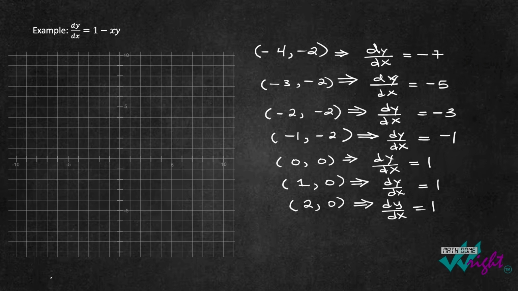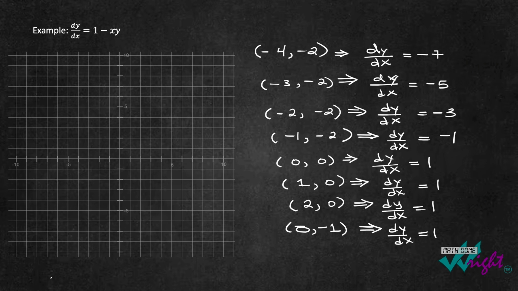Now let's drop to the lower part of our y-axis. I'll say 0, comma, -1. Again, because I substitute 0 in and I have a -1, it simply gives me dy dx equals 1 again.